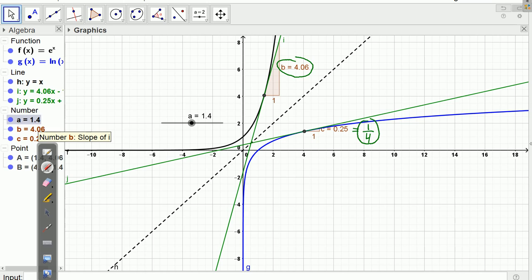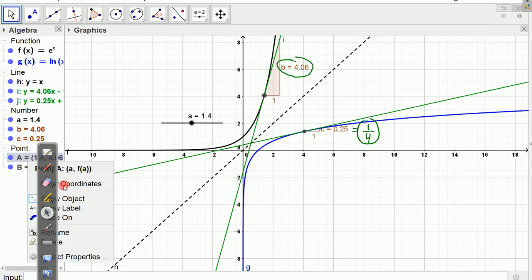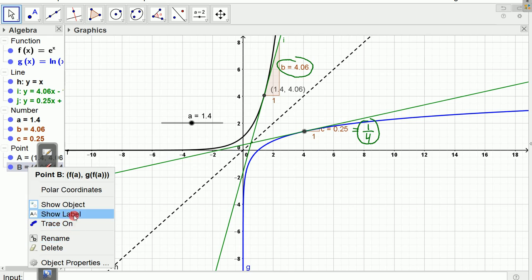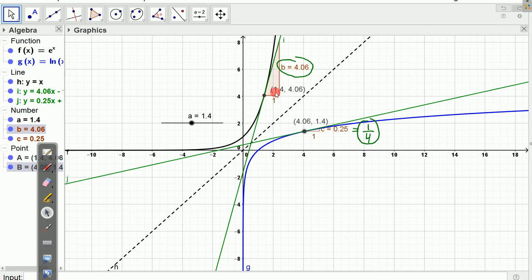It's not quite the same because here we are looking at the point where, let's show the label. Here we're looking at the point 1.4, 4.06, and here we're looking at the point 4.06, 1.4. So when you find the pair's point, the slopes are a reciprocal.